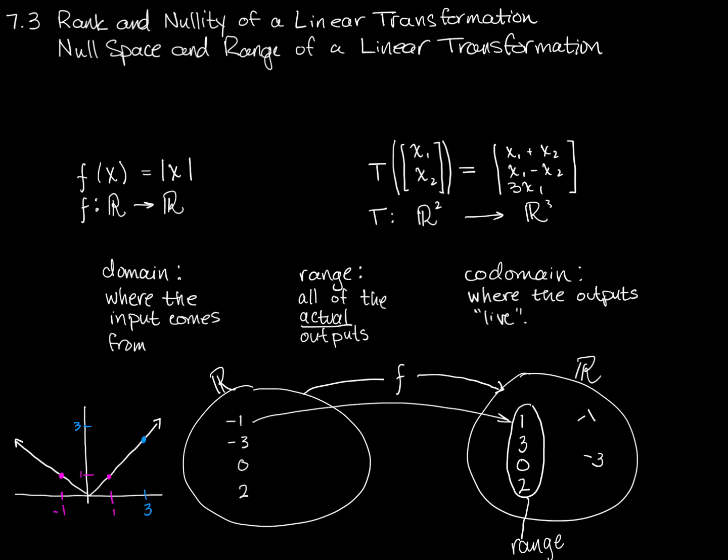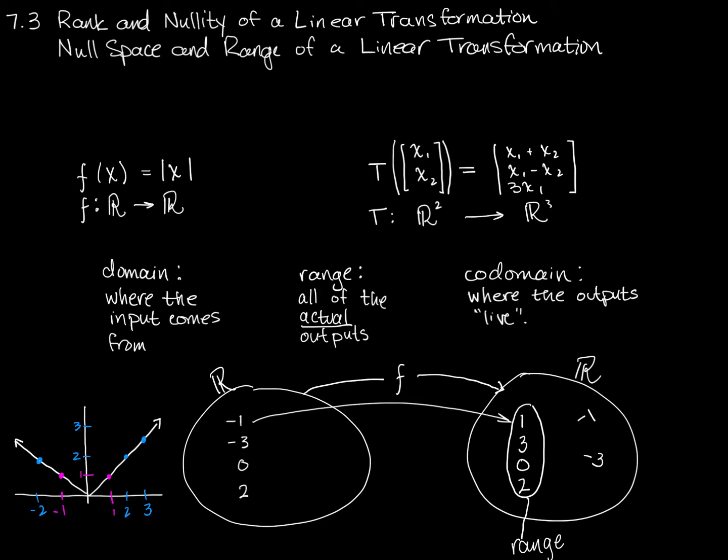My graph doesn't go far enough. I'm going to change that to a -2, just so that I can get it in there. -2 goes to +2. +2 also goes to +2.